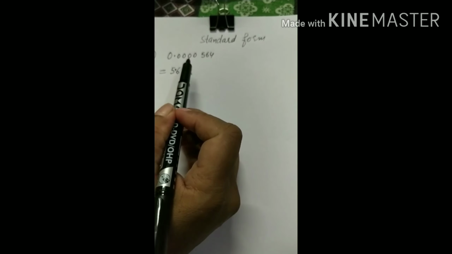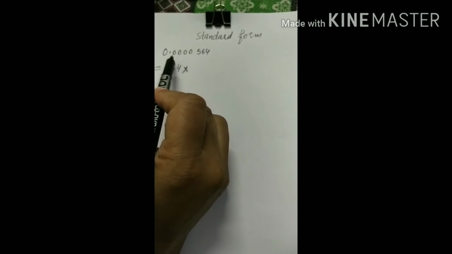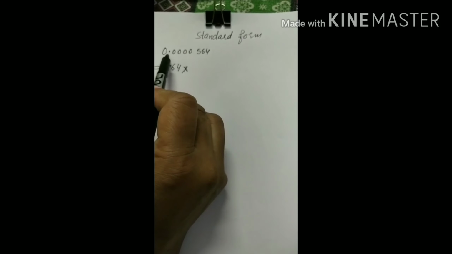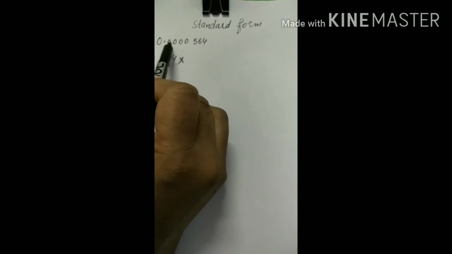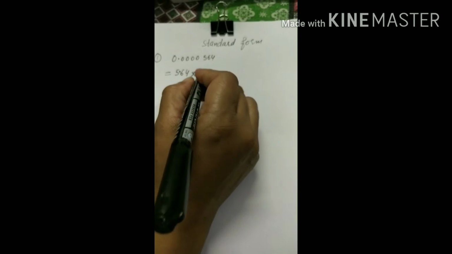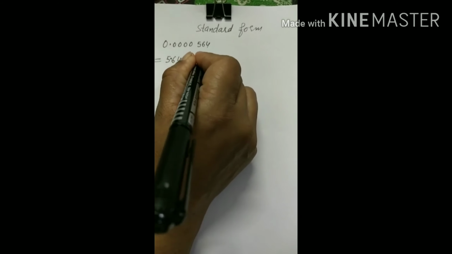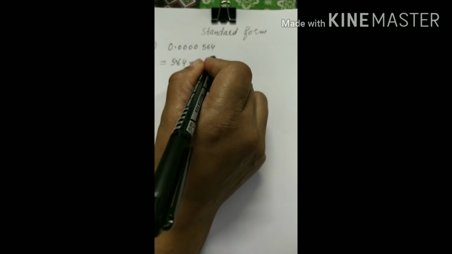We have shifted the decimal 5 places. You can check that firstly the decimal is in front of the number. If there are many zeros in front of the number, then our power will be negative. So we shifted the decimal 5 places, so the power will be minus 5.